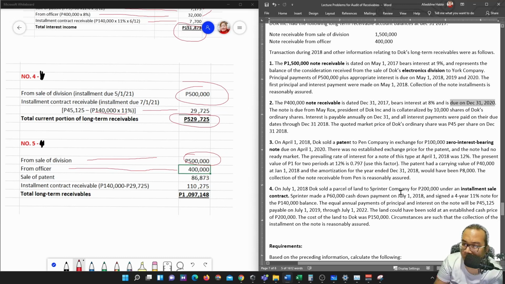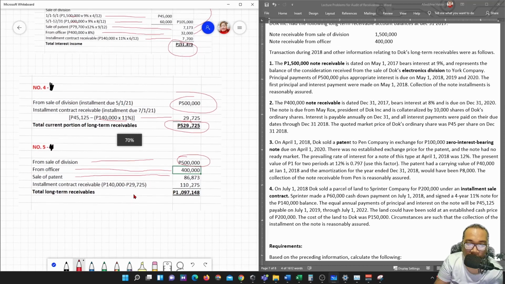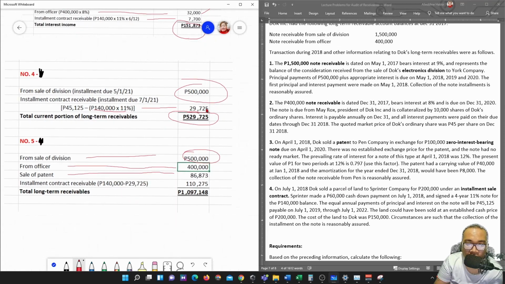Due pa on April 2021. Installment contract receivable, yung remaining, 140 minus the 29,725. Kasi si 29,725 yan yung current portion. So, yung remaining out of the 140,000, yan yung long-term, non-current portion. So, with that, add nyo lang. Kaya sasabi ko madali lang. Walang problema.